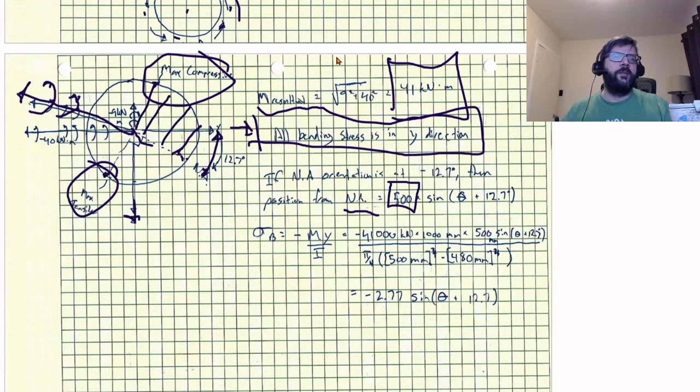That'll be just based upon the sine of whatever angle you're at here plus the 12.7 degrees. So it becomes maximum there, becomes minimum there, negative displacement down there. So our bending stress is negative 1 times our moment times the y divided by I.